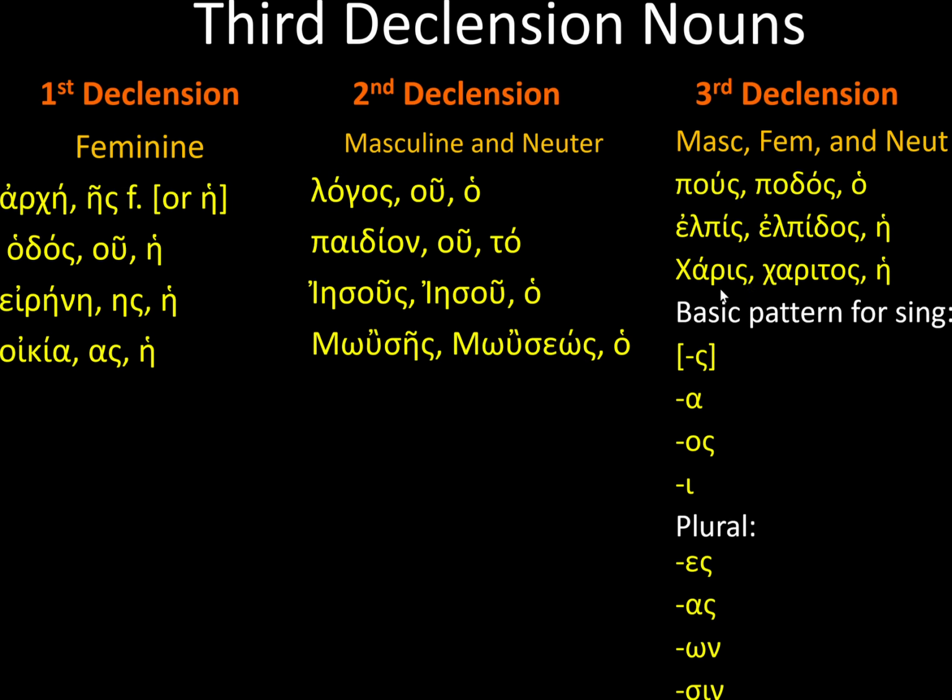It isn't like first or second declension nouns, pous or elpis or charis. We don't know. We have to know the gender. But from these three things, the nominative singular and the genitive singular and the article, we can build the endings of all of the third declension Greek nouns. This is the first video segment, and we will continue this lesson for week 6 in our second video lesson.